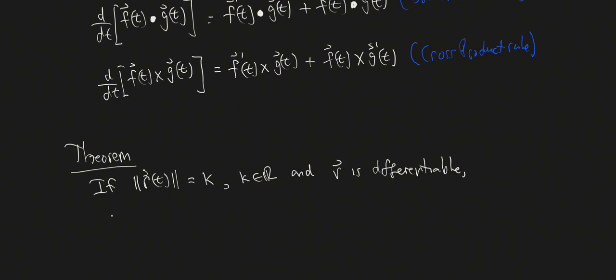So then R and R prime are always orthogonal.